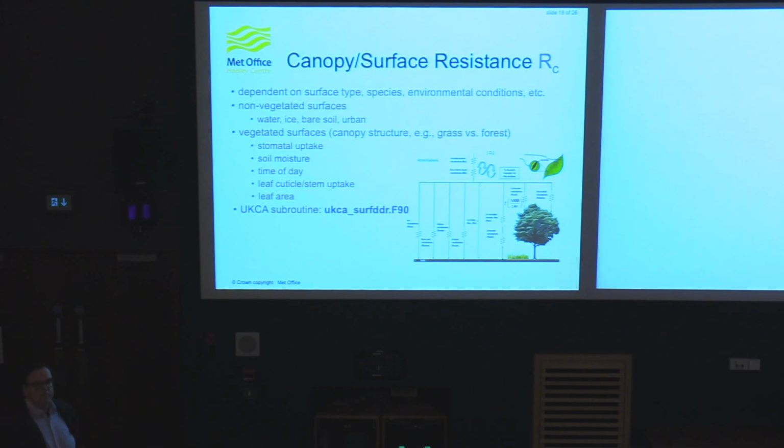It depends on the time of day, because temperature plays a role. The vegetation itself assimilates CO2 during the day and respires, exhales, you might say, during the night. So the direction of the flux is different in terms of time of day. Then there are non-stomatal uptakes. There are uptakes via the stem or the twigs or the bark of a tree or a plant.